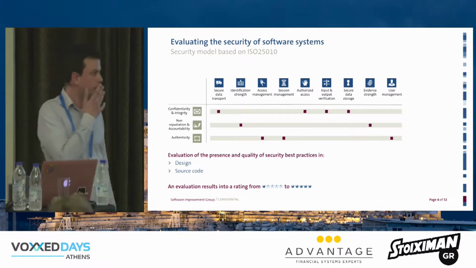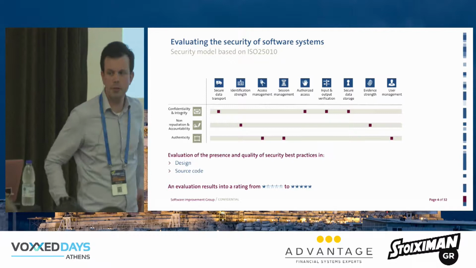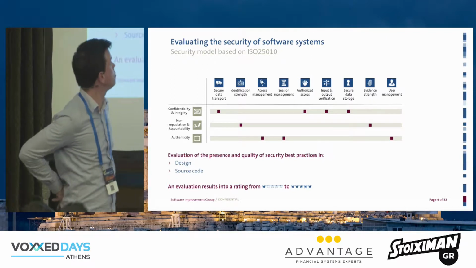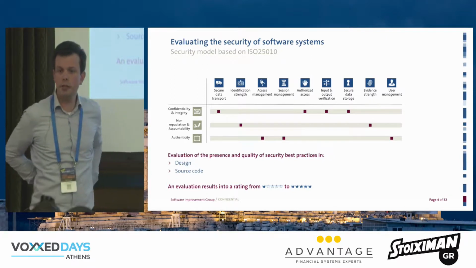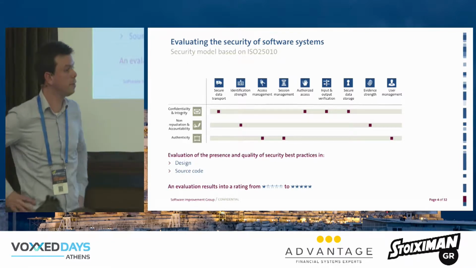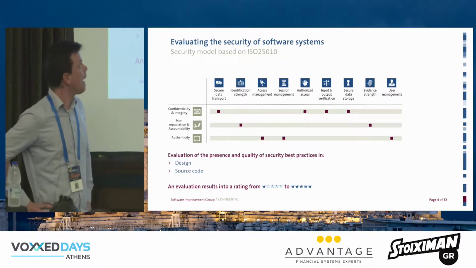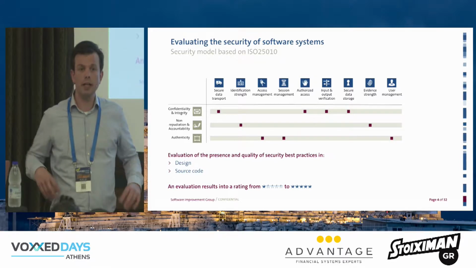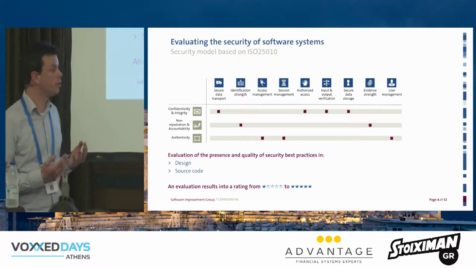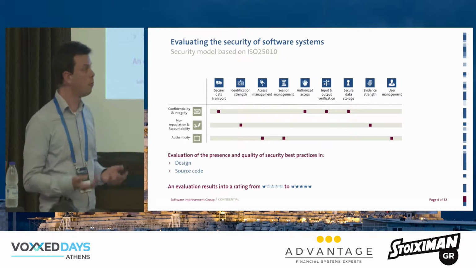So, as I mentioned before, we are experts in evaluating software systems, and SIG is using the ISO 25010 standard for software quality. This standard consists of different quality aspects like maintainability, reliability, performance, and security.